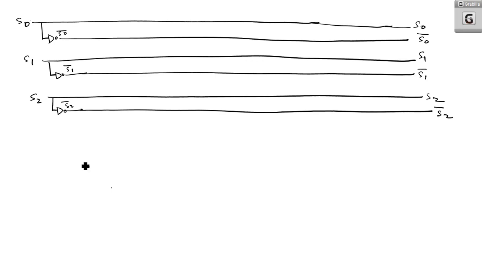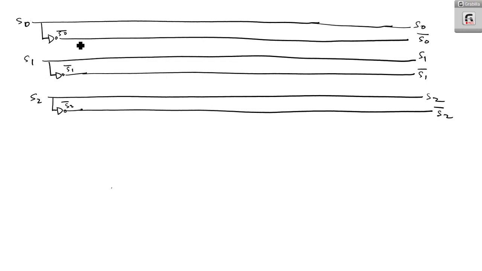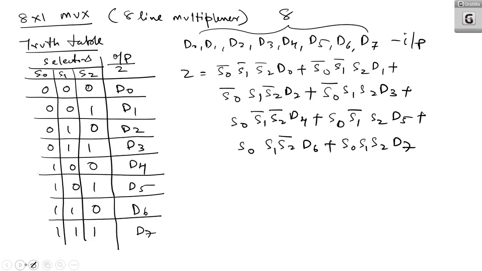Now first you need to have D0. What is D0? D0 is S0 bar, S1 bar, S2 bar, and D0. D0 we can give it here, no problem. Now coming to the next one, 0, 0, 0, 1.